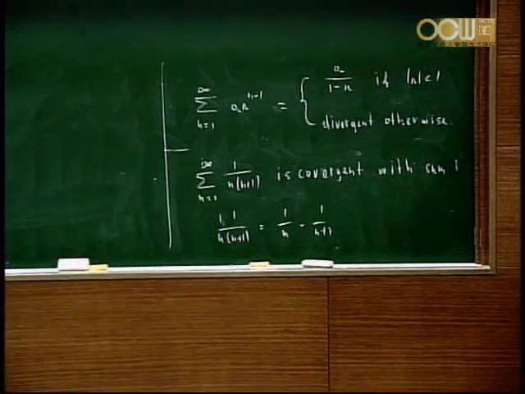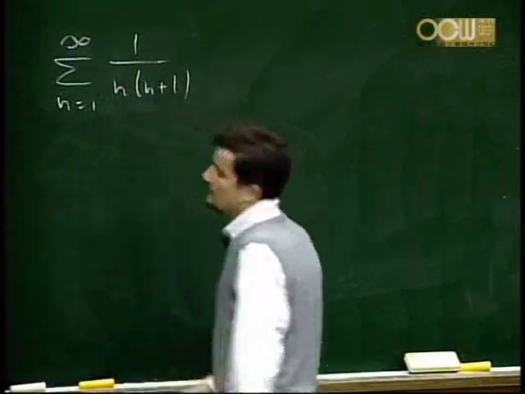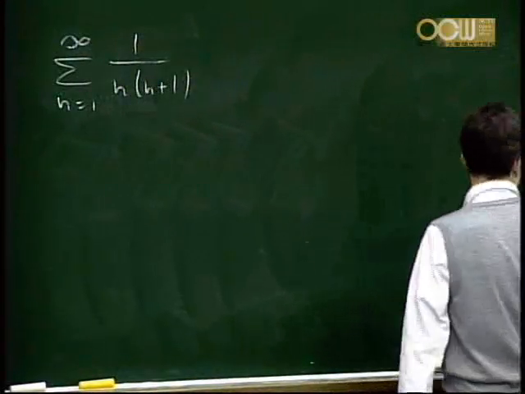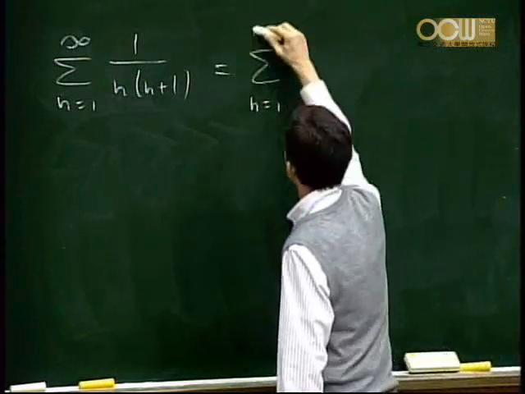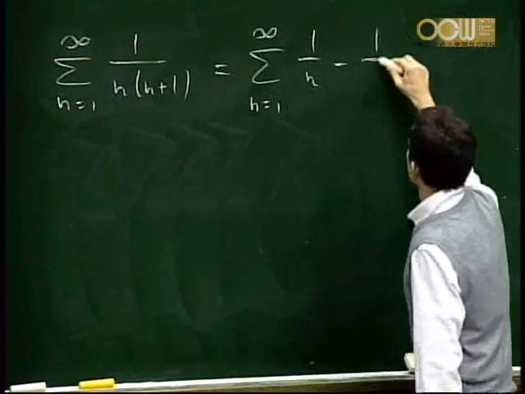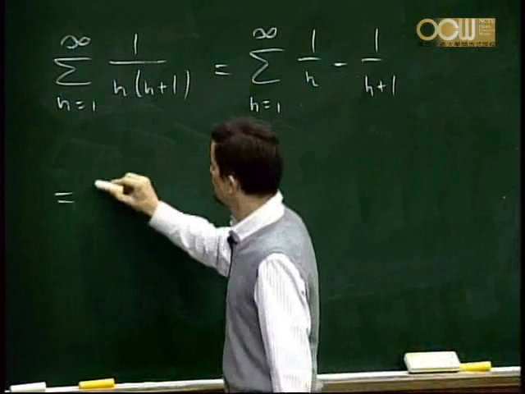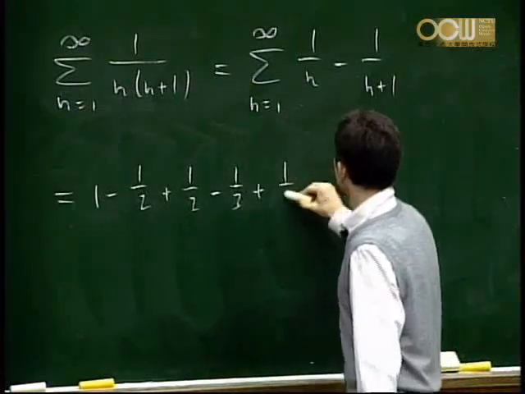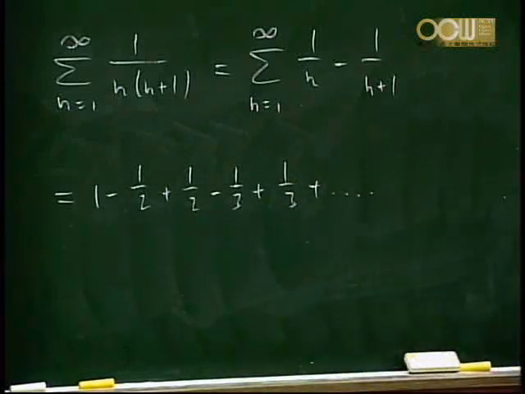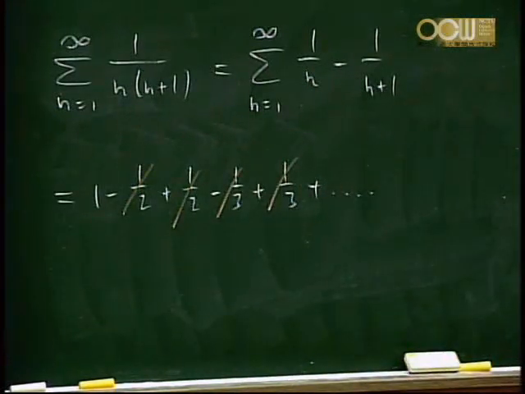I give them such a series or a similar one, and they break it into 2 parts. Now they write 1 minus 1 half plus 1 half minus 1 over 3 plus 1 over 3 plus, and so on. And now they say, okay, I can cancel. So the value is equal to 1.